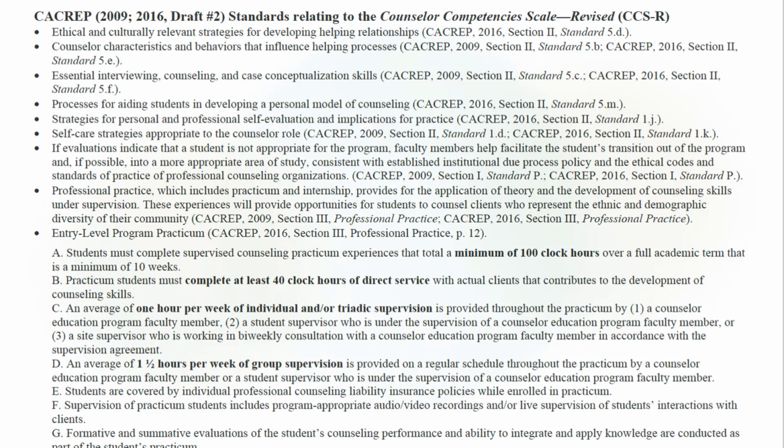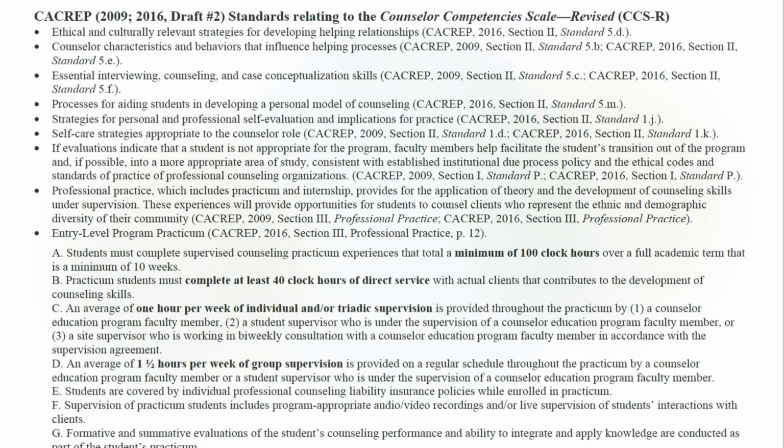So here's what CCREP says about the CCS-R. And this is part of the reason why we're using the CCS-R, because we are aligning our programs to CCREP. No, we are not CCREP certified. In the state of Texas, that is not a requirement as of yet, and so we're not there yet. But we do want to align ourselves because they do have a very high quality standard of education. And we want to align ourselves because HCU wants to put out the best counselors possible.